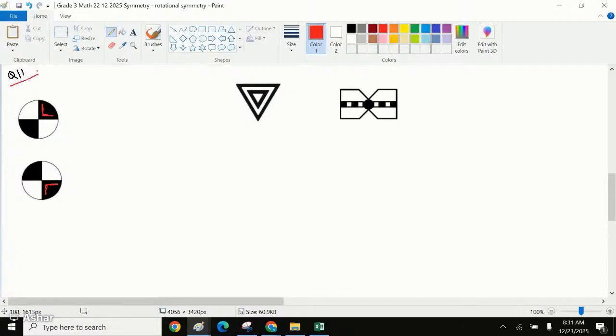No, it does not, because in this case, this was shaded and in this case, this is unshaded, right? Agreed?